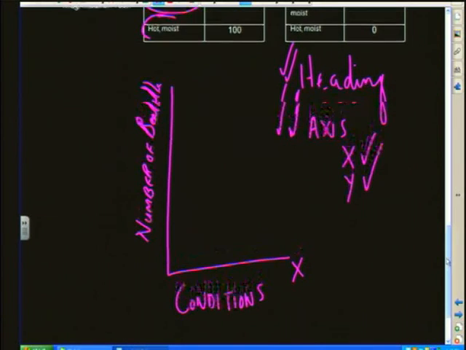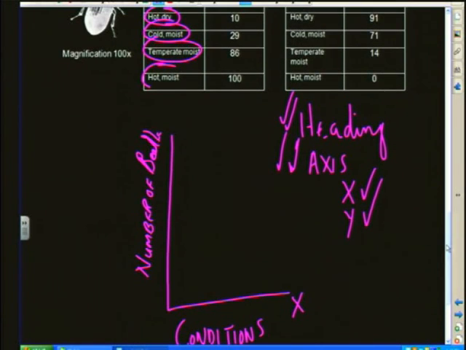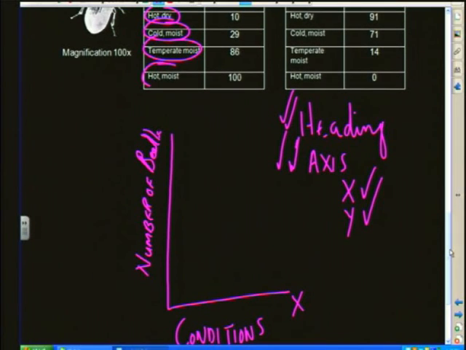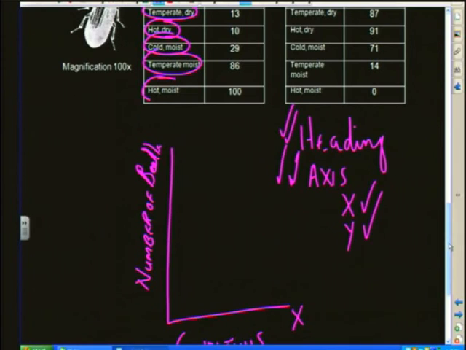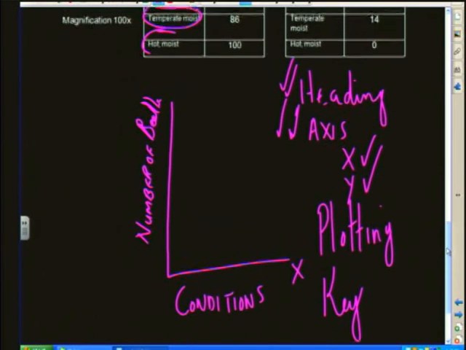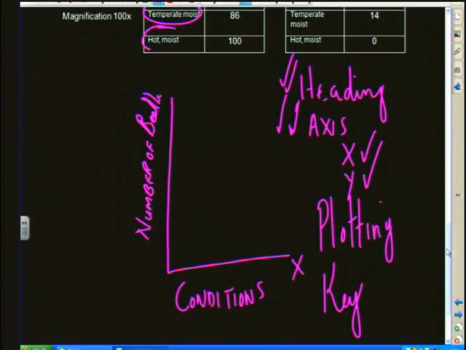Okay, so now we plot, and as we said, the best way to represent these would be using a bar graph, so there'll be marks for plotting the graph. So you'll need to plot the points and choose a key. We'll need to show some key to represent the different weather conditions, and that could be by using letters.